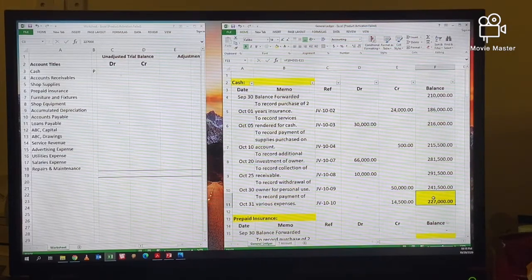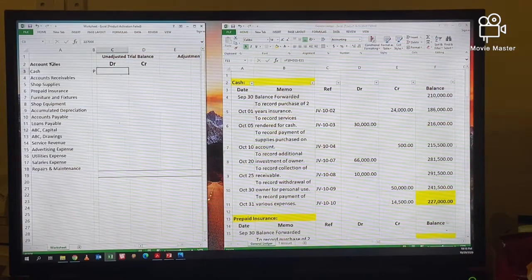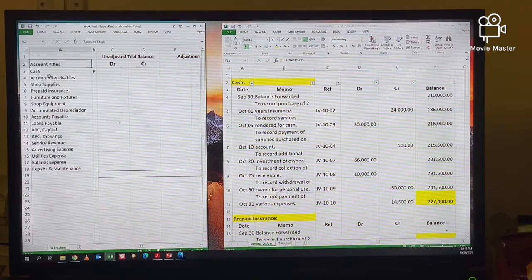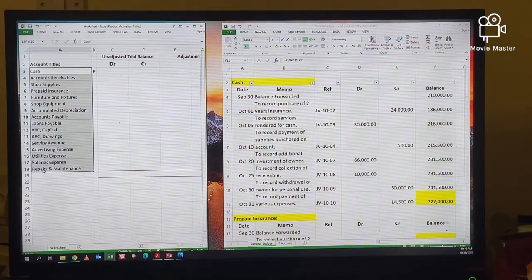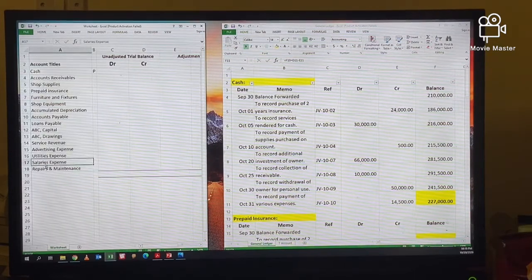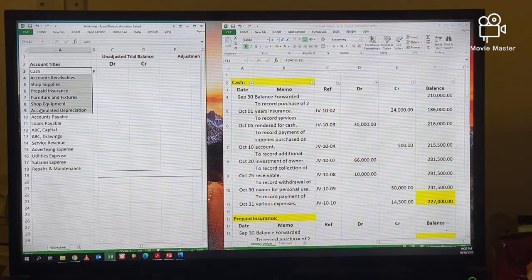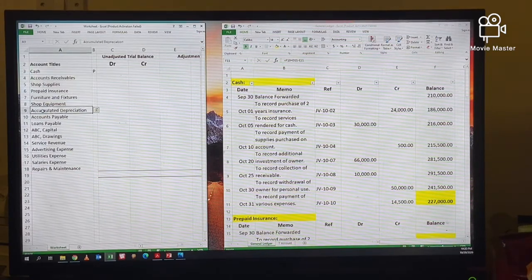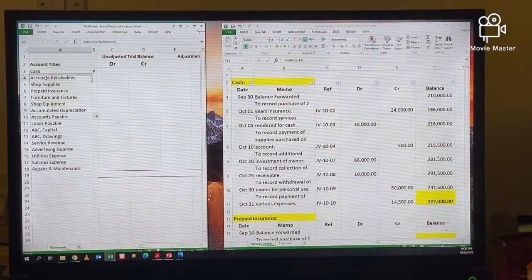So it's as easy as this. You put the first column as account titles. So i-arrange mo sila based on liquidity or ang assets based on liquidity, kung gaano mo siya kabilis ma-convert into cash. So your most liquid asset is cash.